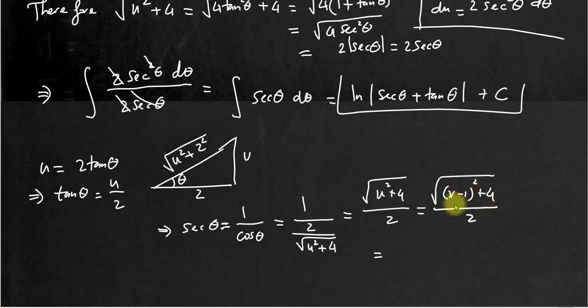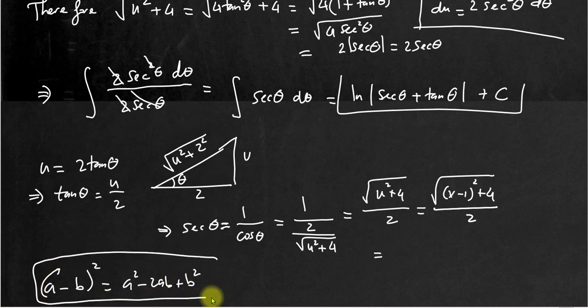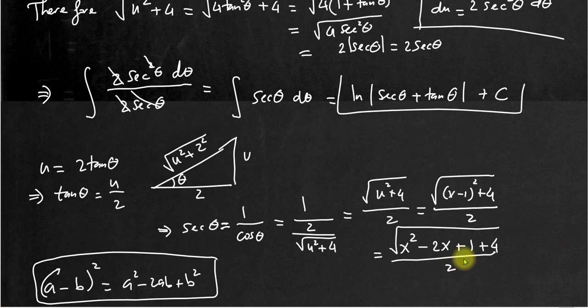And then I can expand this out, right? We use the formula (a minus b) squared equals a squared minus 2ab plus b squared. So we can expand this one using this formula. So I have x squared minus 2x plus b squared, which is 1, and plus 4, and then the square root, and then over 2.